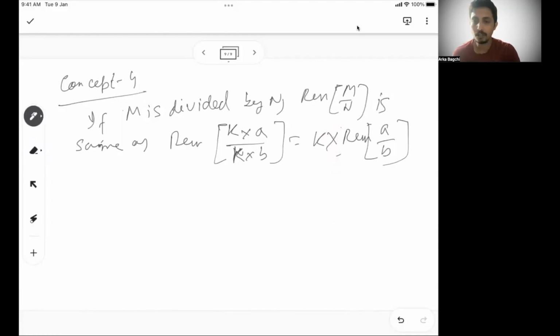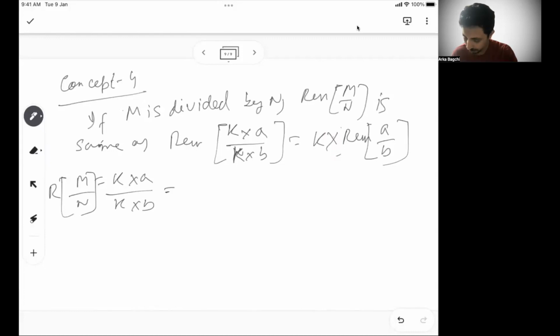So basically, if there is a common factor between m and n, so if I can write m as k into a and n as k into b, then the remainder of m by n can be written as k into the remainder of a by b. So you focus only on the part which is not common and multiply by whichever is taken out.